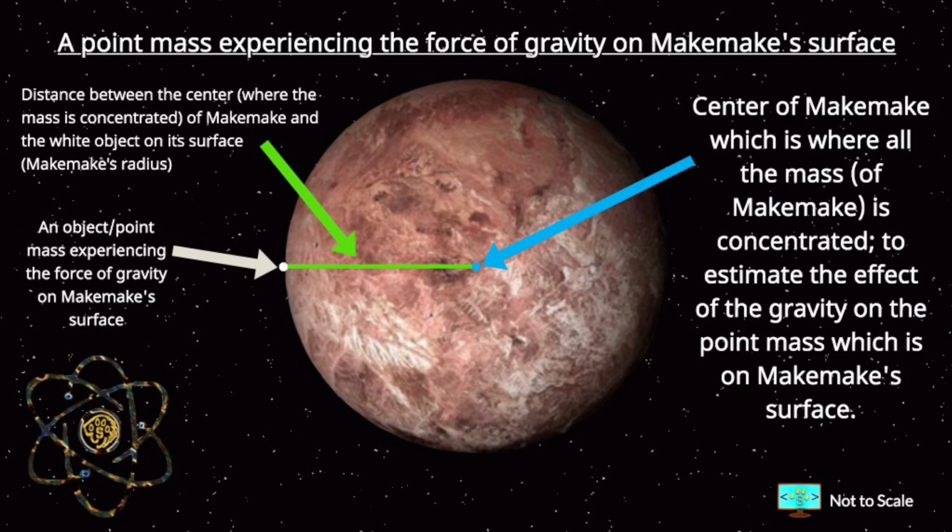So we cannot find the distance between the surface of the planet and that white object. So we'd rather opt for the radius, which you all know, and we're trying to look at the greatest effect of gravity from right at the center of Makemake. And then we have the white dot there on the left edge, which is an object or a point mass experiencing the force of gravity on Makemake's surface.